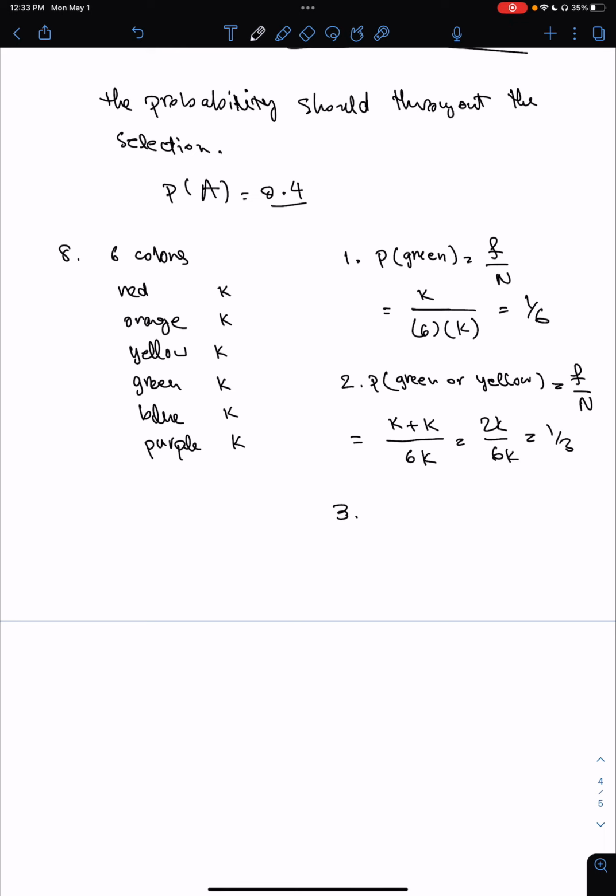And then for 3, randomly selecting something other than a green candy. There are 2 ways to do it. First, let's call this event A. A is picking something other than green.